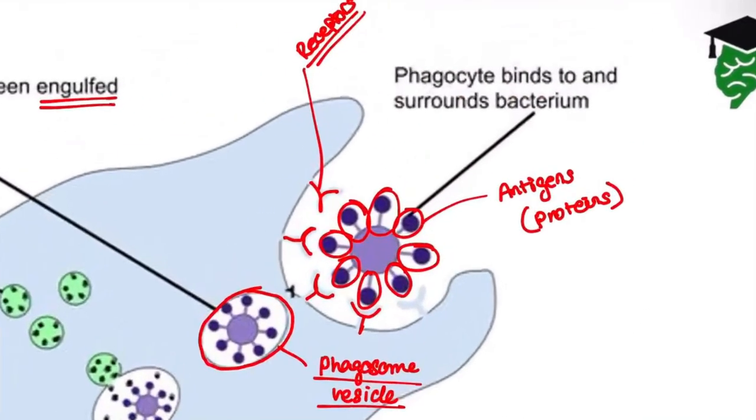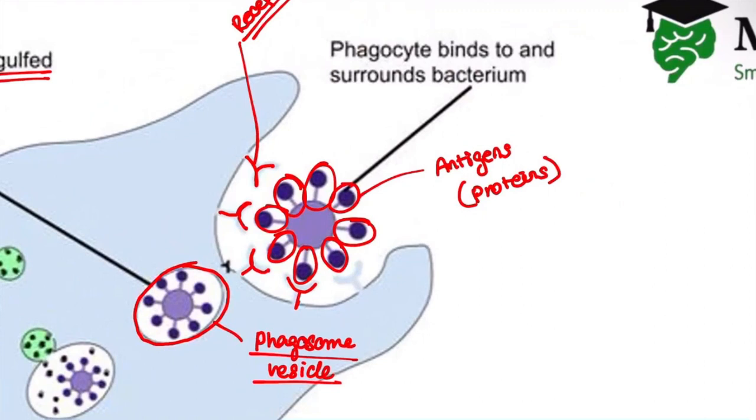So at the moment, we had a bacteria. Okay, bacteria had antigens on them, which are just proteins. They are going to be releasing certain chemicals that are going to be attracting phagocytes towards them.